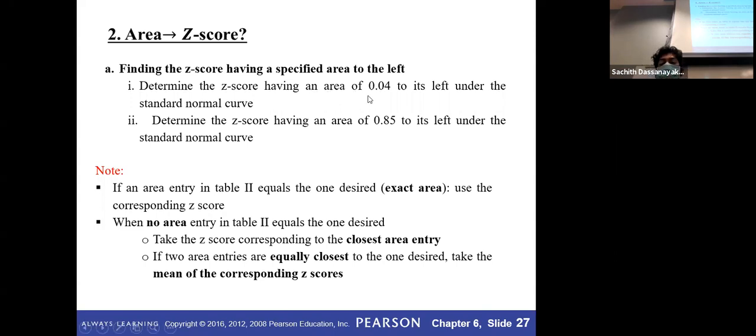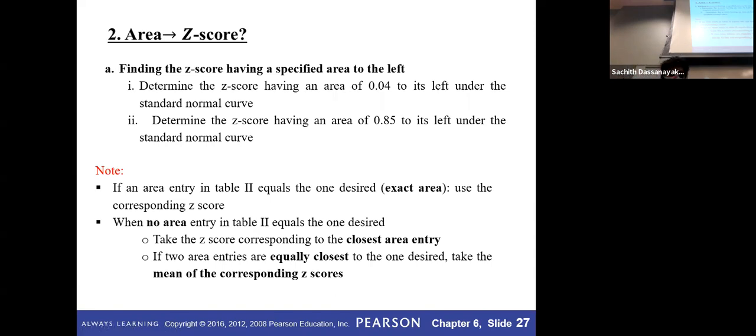First, you need to find the C score. The C score value on the C score axis belongs to a particular area, to the left of that particular C score.